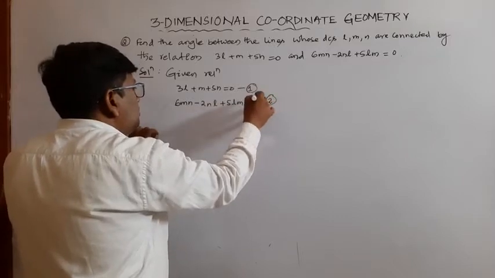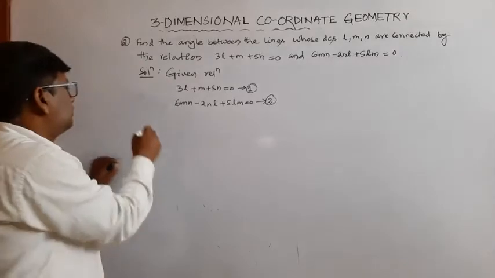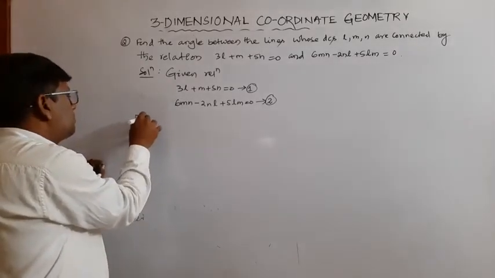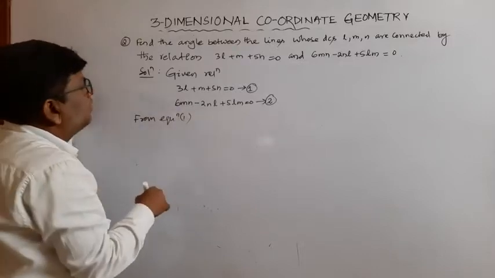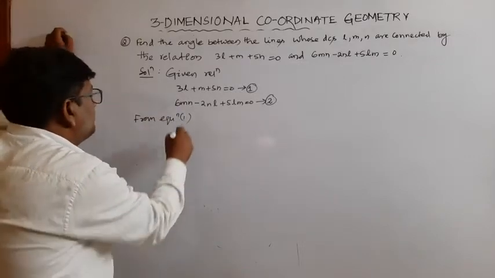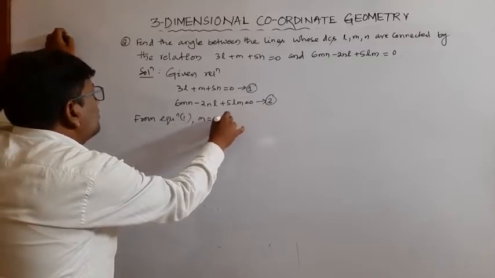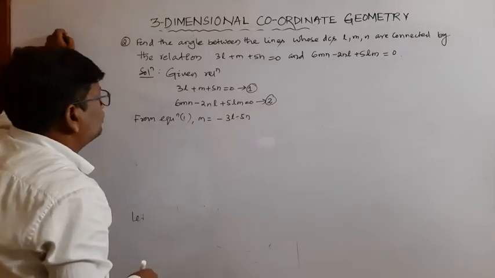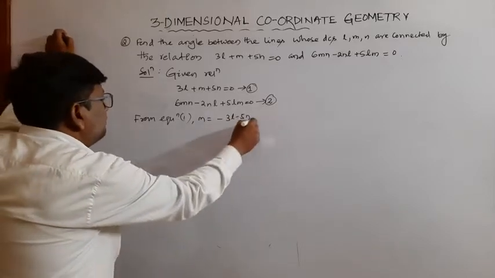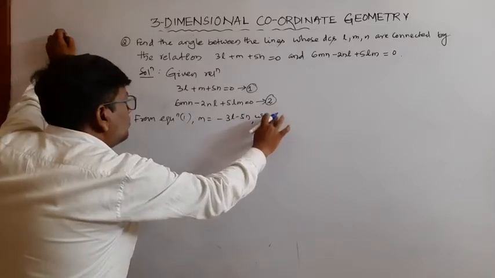Now from equation 1, M is equal to minus 3L minus 5N. Use this in equation 2.